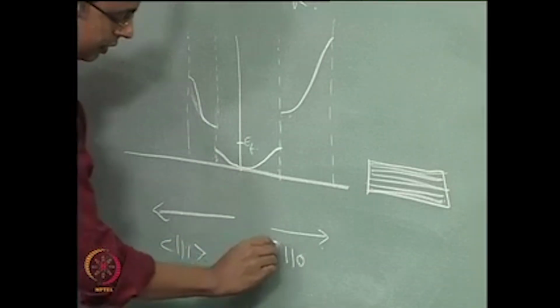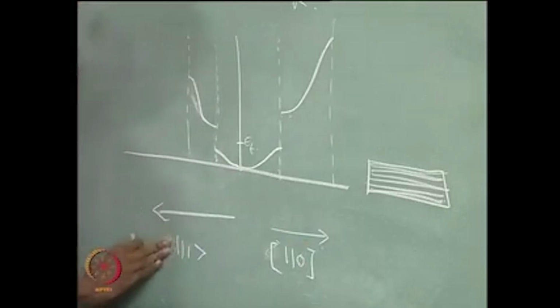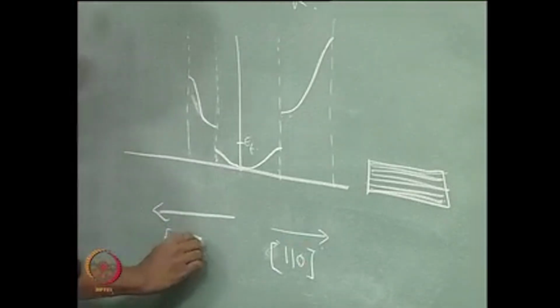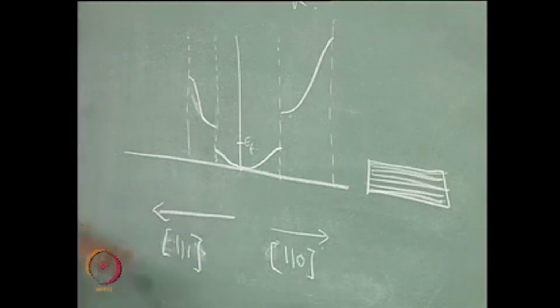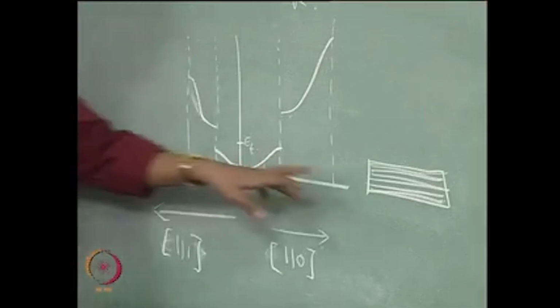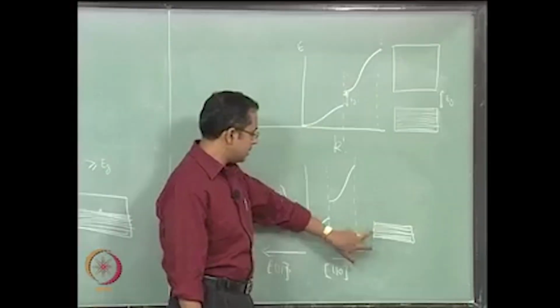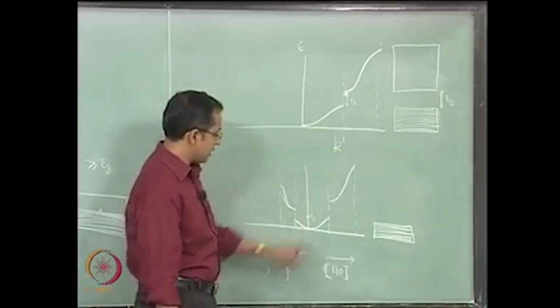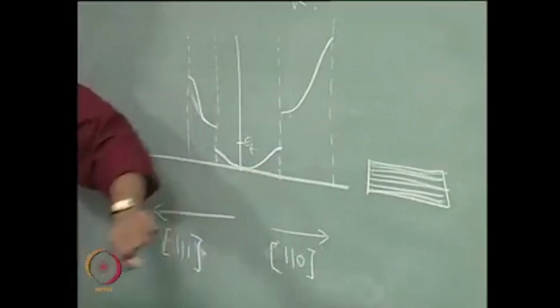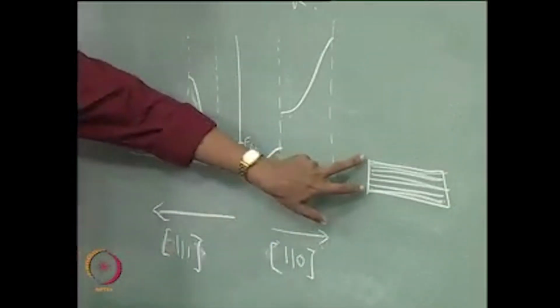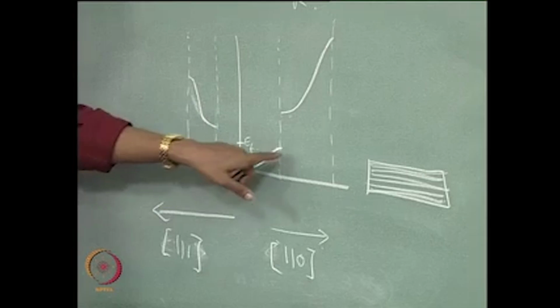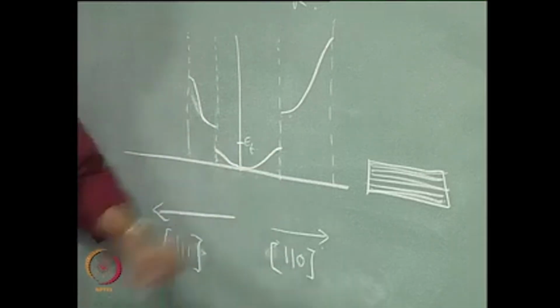We are just arbitrarily picking two directions to illustrate the point. Let us say that in the 111 direction it looks like this, and in the 110 direction it looks like this, just a schematic. In terms of the flat band depiction, it looks like this on the side of the 110 direction.